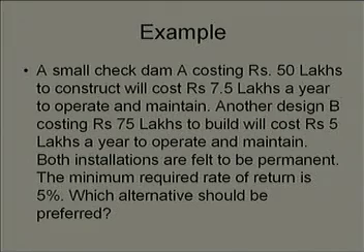Now, read the next line. Both installations are felt to be permanent. This is the key thing that you have to understand. It is nothing but a hint to you that this is a problem with infinite lives. Permanent means it is going to stay there throughout the life.